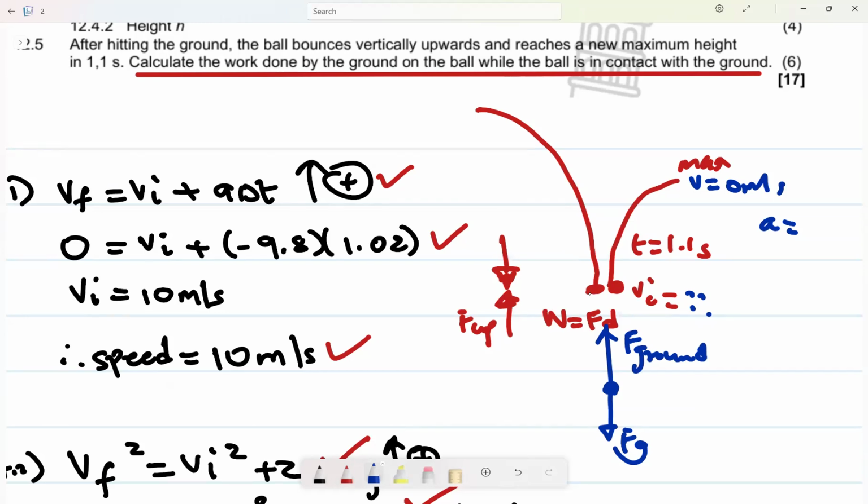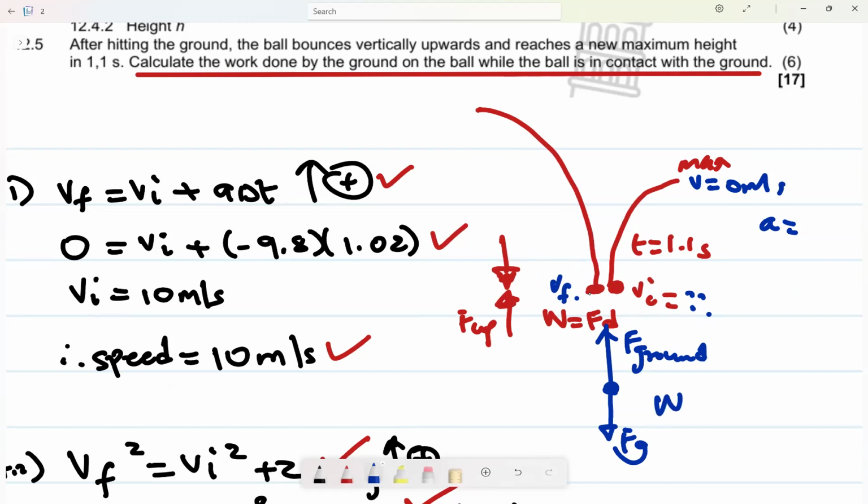I can do that by using the work energy theorem. I will also need the velocity it reached the ground with. Then this will be the velocity when it went up.